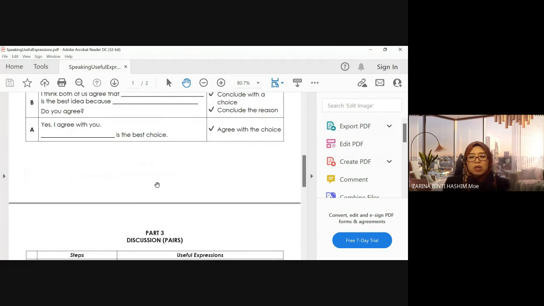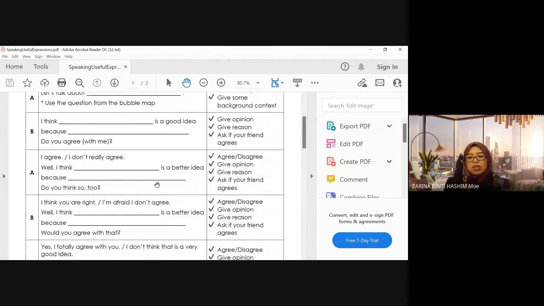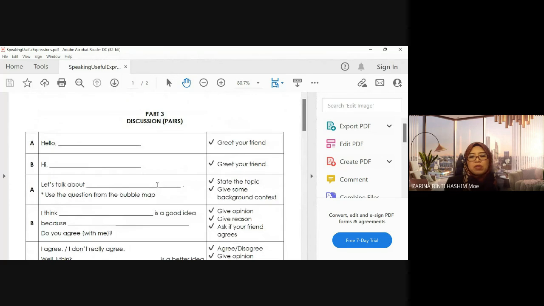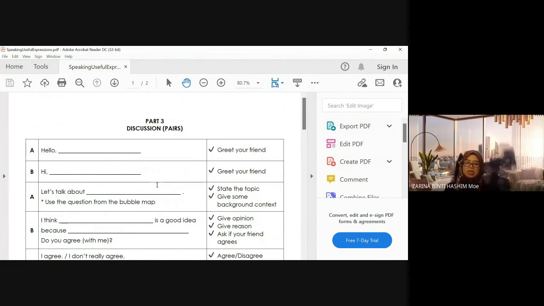So I'll share this in the group. You can choose when you are doing your discussion in part 3, based on the topic that I gave a few days before. If you want to print it out, you can. But we will see if you want me to print it out and give you a hard copy.